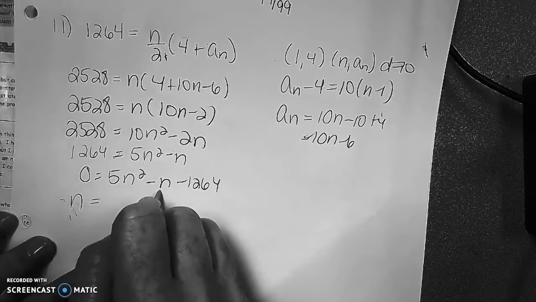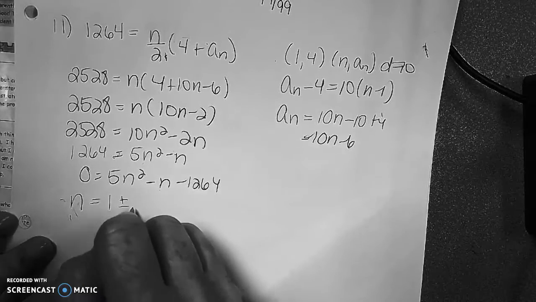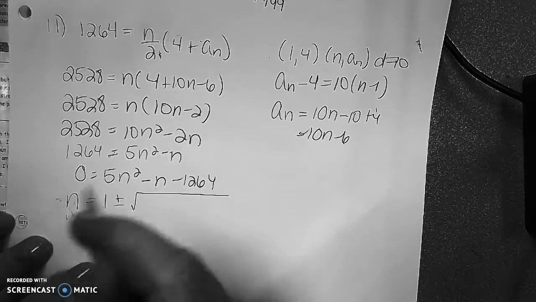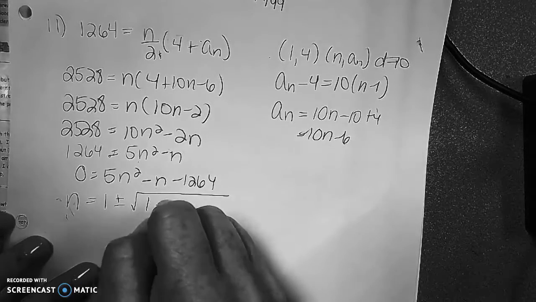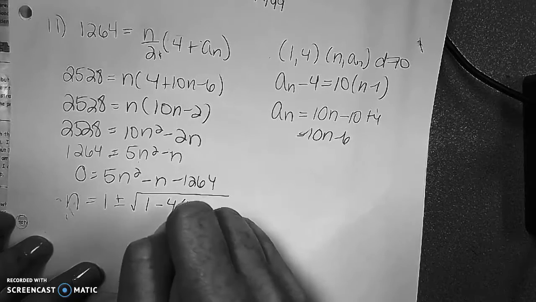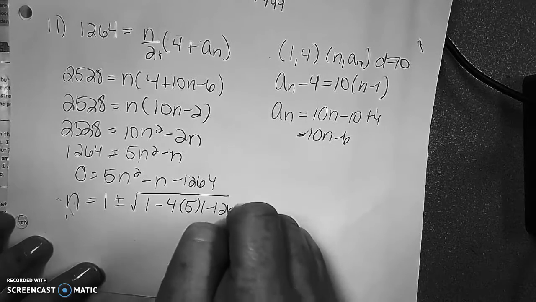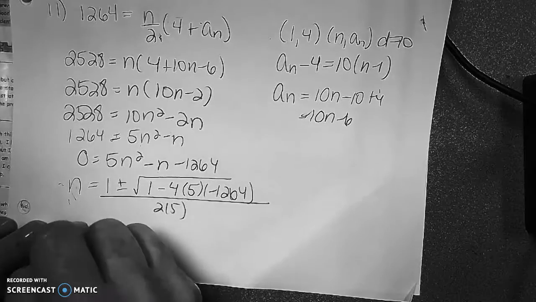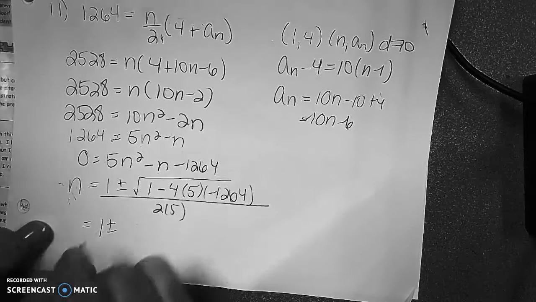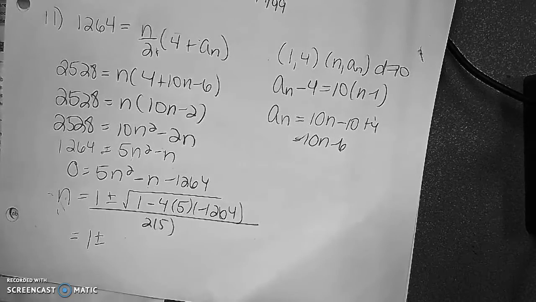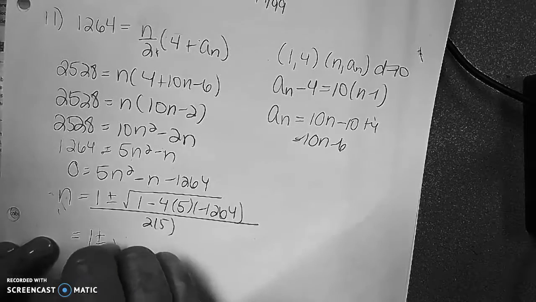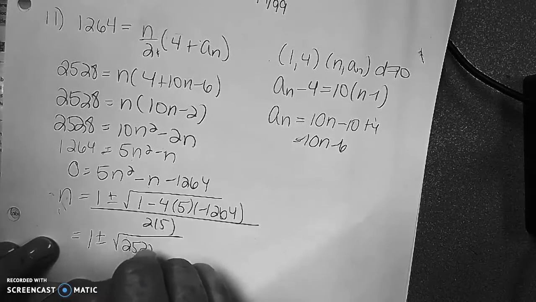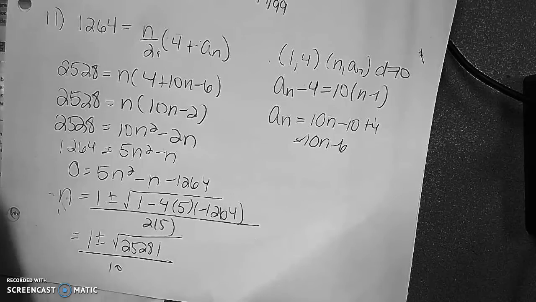So n will equal the opposite of b, so 1, plus or minus the square root of b squared, which is also 1, minus 4 times a times c, all over 2a. I'm going to use my calculator here: the square root of 25,281 over 10.